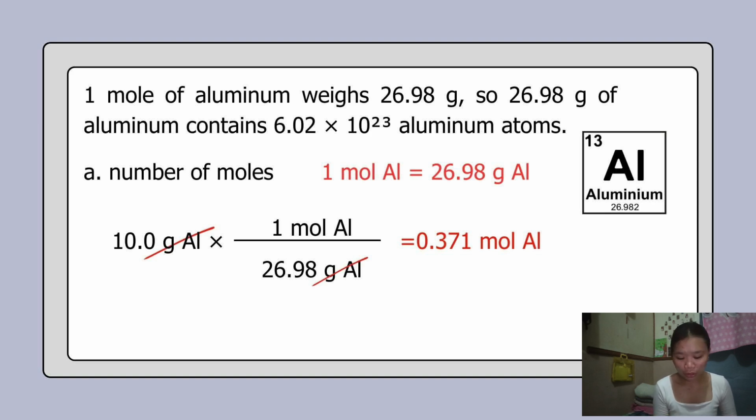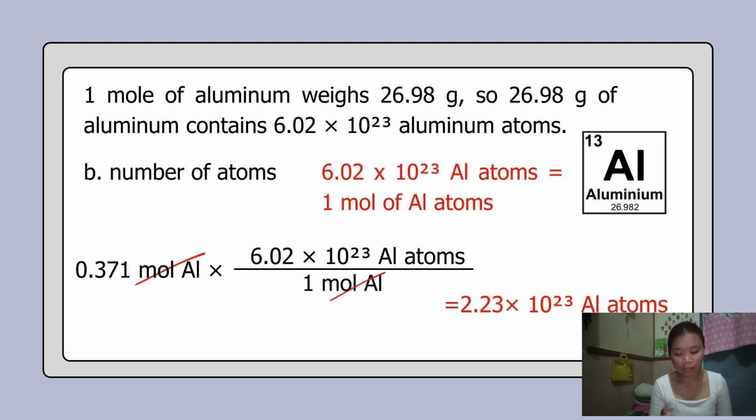So we take 10.0 grams times 1 mole of aluminum on top, and on the bottom we put 26.98 grams of aluminum. The total is 0.371 mole of aluminum.